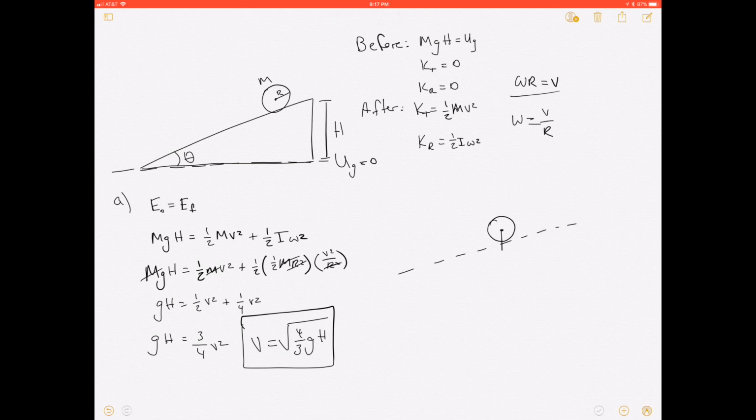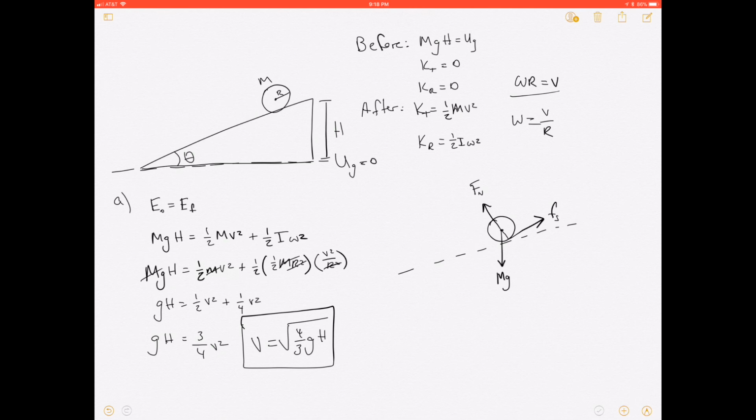And so the force of gravity is coming from the center, and then there's a normal force perpendicular to the inclined plane. And then we also have our force of static friction. And it's static because, remember, this cylinder is rolling without slipping. And that is part B.